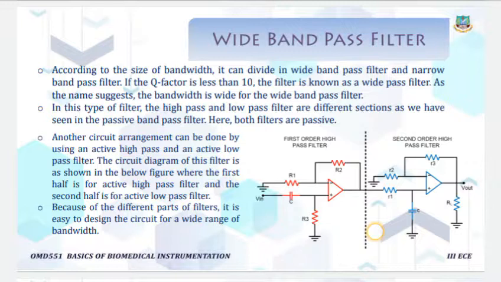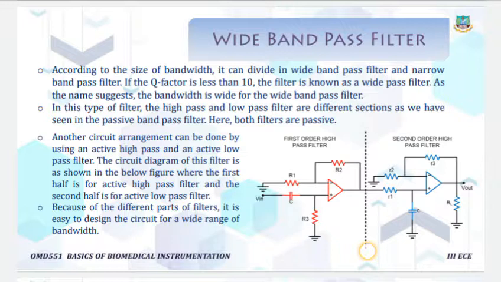So here if the Q factor is less than 10, okay, quality factor is less than 10, the filter is known as wide band pass filter. Okay, otherwise it is called as narrow band pass filter. If the quality factor is less than 10, it is called as wide band pass filter.